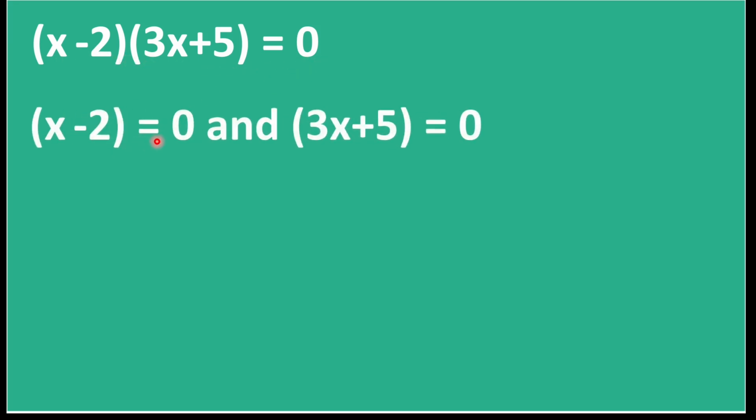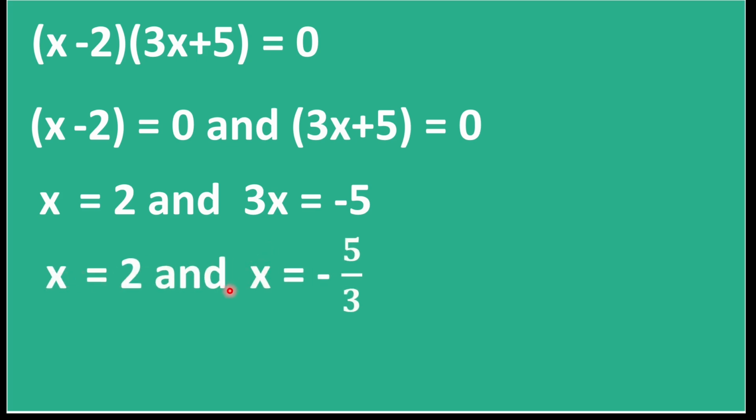And now we will compare these two factors with 0. So x minus 2 equal to 0 and 3x plus 5 equal to 0. Now we will send this 2 to the other side of the equation, so it will become x equal to 2, and 3x equal to minus 5. Now we will divide both sides by 3, so this will become x equal to minus 5 divided by 3.